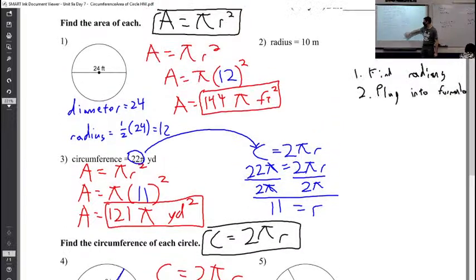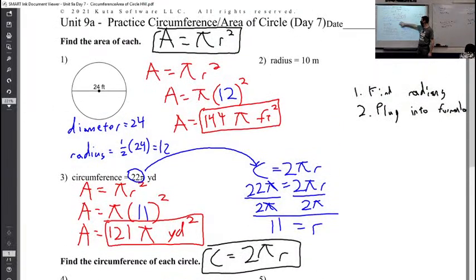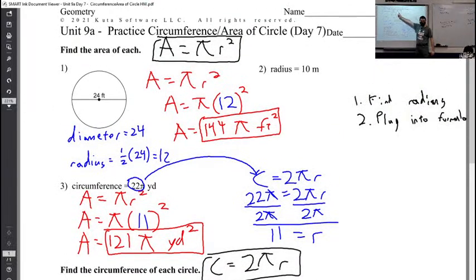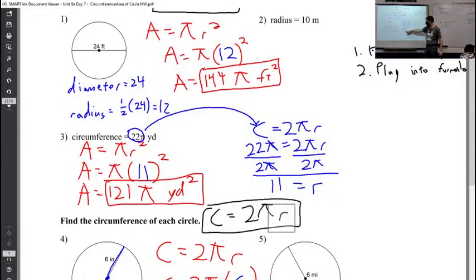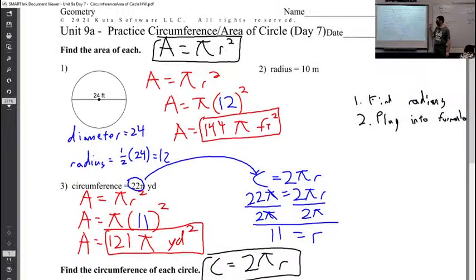Area is in our units squared, in our yards squared, in our feet squared, so that's the one that has our radius getting squared. So this one's the area because we want the r squared in it. This one is the circumference. We don't want the r squared in it. But either way, your process is going to be figure out the radius with the information that's put in front of you, and then plug that radius into the formula.